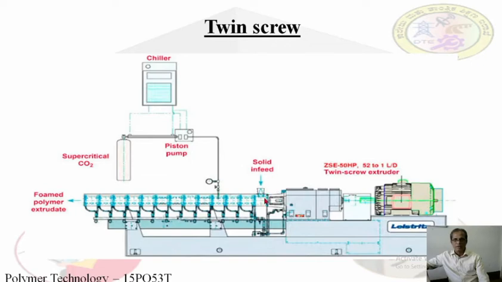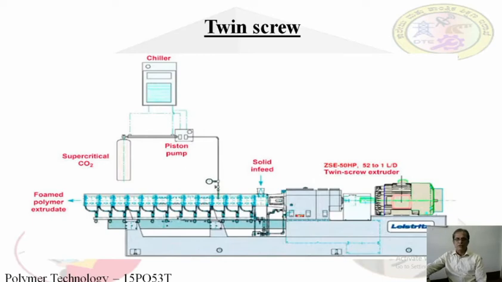Here material is fed, and from here it is going to advance and move further. Foamed polymer extrudate is available here. This arrangement is there for cooling the screw, and the heating arrangement for the barrel is also there, which is not visible in this.